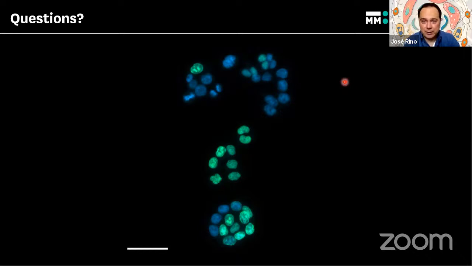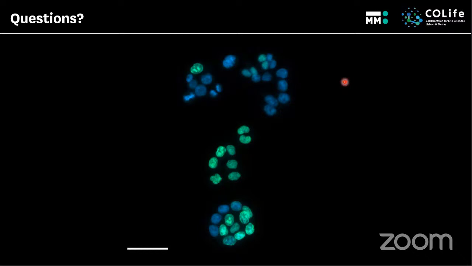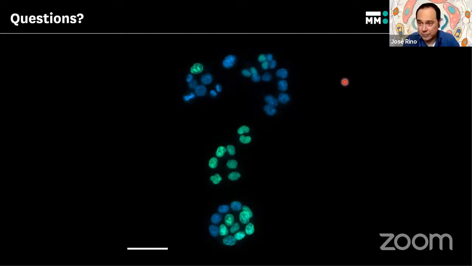You still have light from planes that are not the plane of focus being detected in the spinning disk because of pinhole crosstalk, so your signal to noise goes down. Then again, because of speed, it was a very fast movie, with exposure times of tens of milliseconds. This brings down your signal to noise ratio a lot.